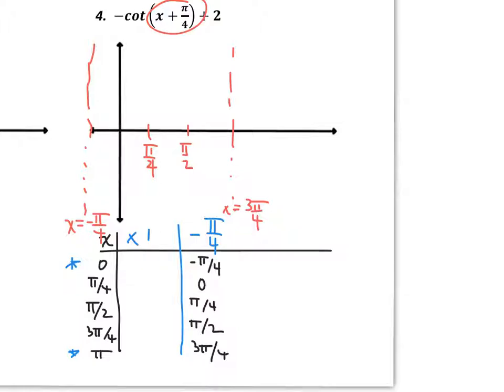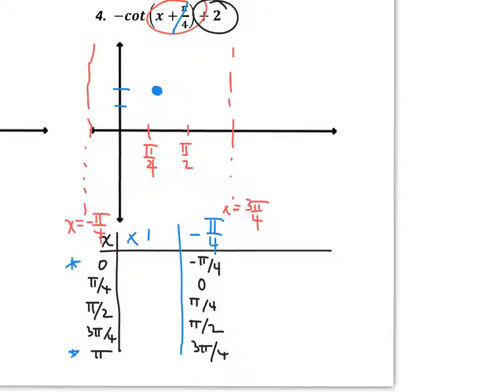All right, what does this plus 2 mean? It's a vertical shift, so that means the very middle of our cotangent curve is going to be at 2. Okay? So we're done with the pi over 4, we're done with the 2, now we just have to focus on the negative. What does the negative mean that our cotangent curve is going to do?